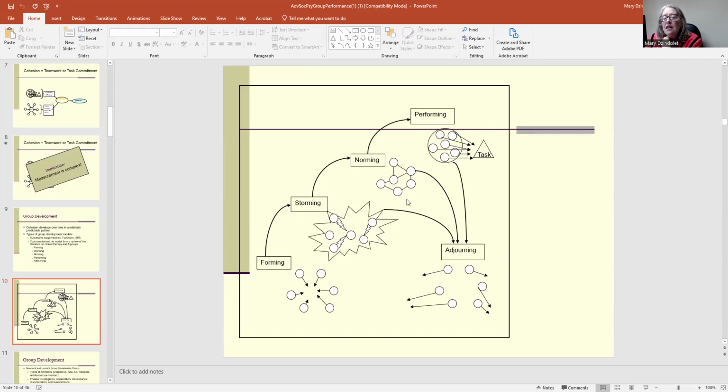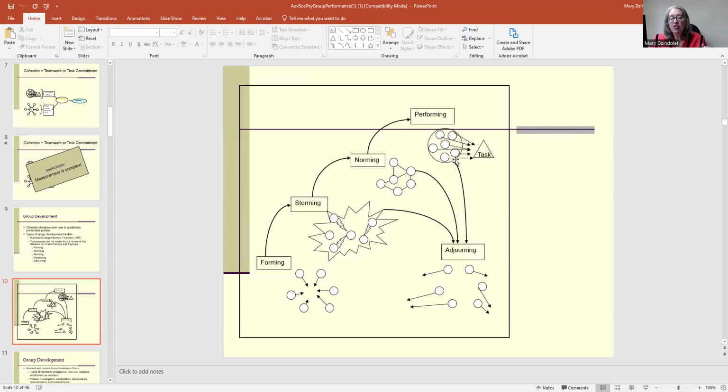Then the norming, this is like the peace and the calm, where the group's kind of figured out their process and procedures, and they're doing their thing. They're working. And I'm sorry, they're forming their peace, they're calm. Some will leave because, again, they're not needed. And then they're going to go to the performing stage.